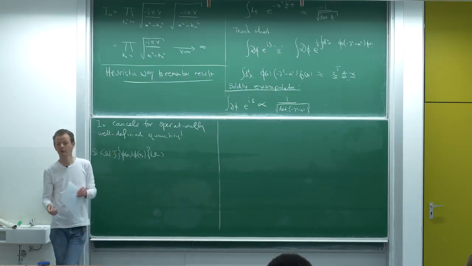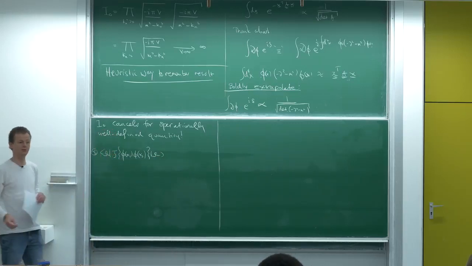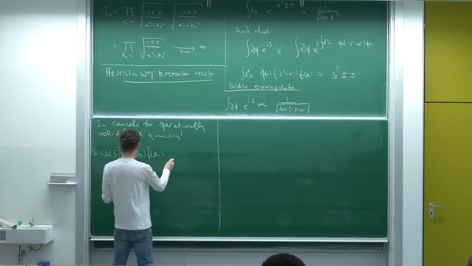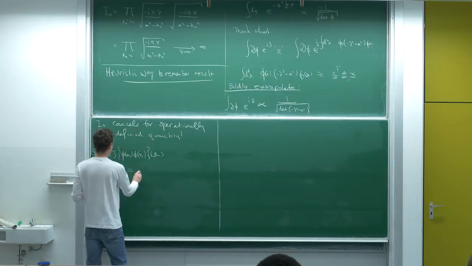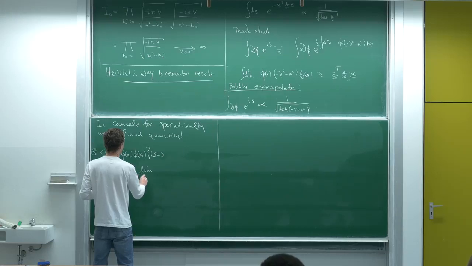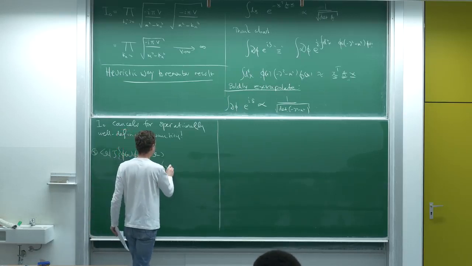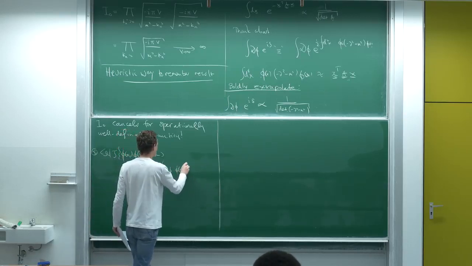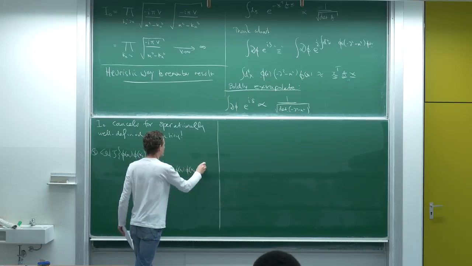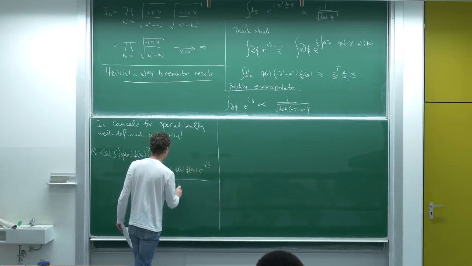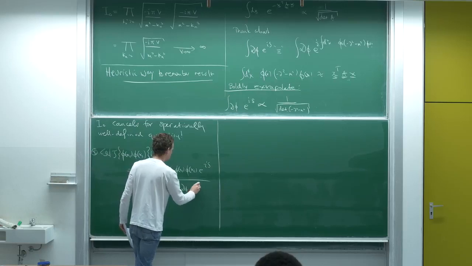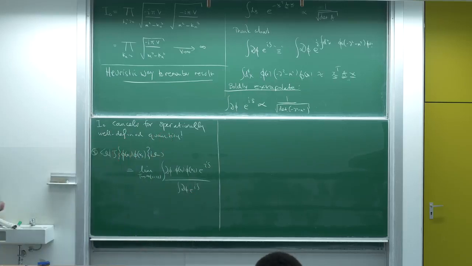Okay, in the previous lecture, we learned a recipe for how to calculate the two-point function using path integrals, and it's this. Minus, plus, minus. That's how we can calculate a two-point or an n-point correlation function from a path integral.